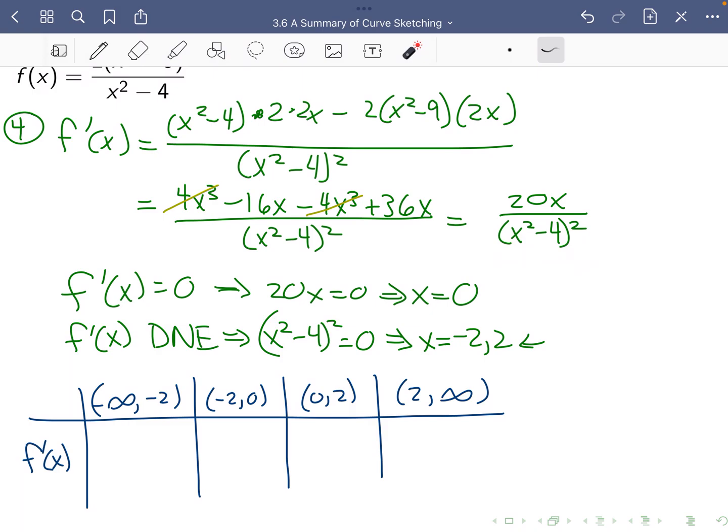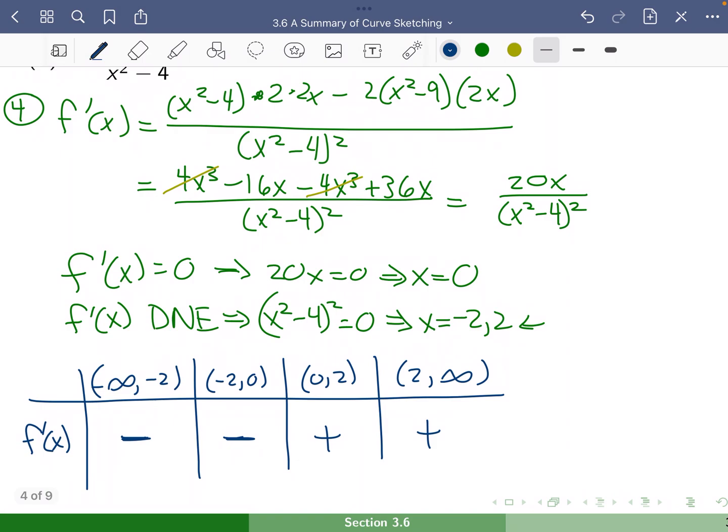So if we plug in something like -10, we have 20 times -10 is a negative, divided by a positive. So that's going to result in a negative value. Choose something between -2 and 0, like -1, and we will still get a negative value there. And then we'll get positive values if we're between 0 and 2, and between 2 and infinity.